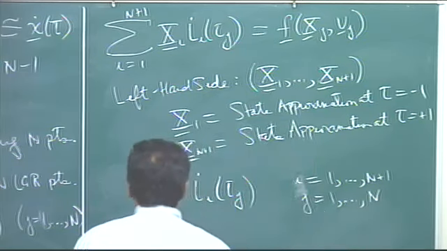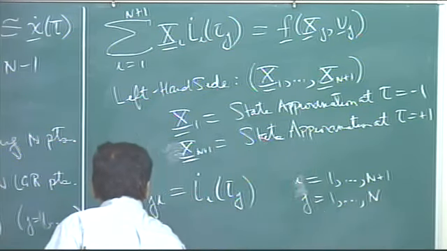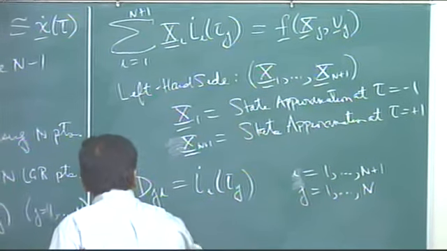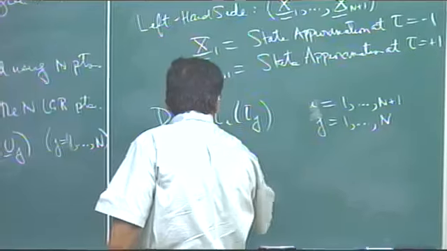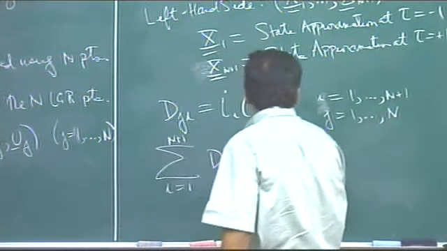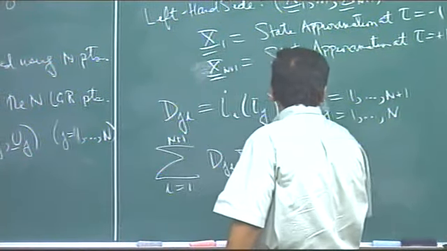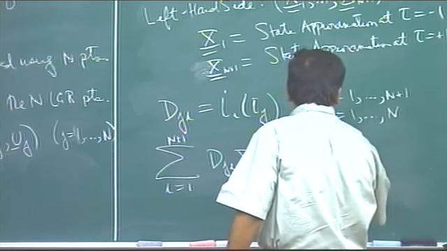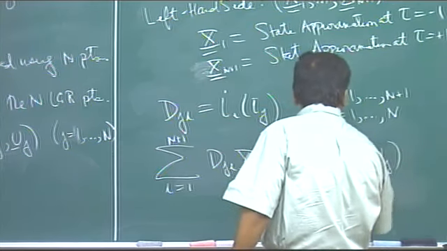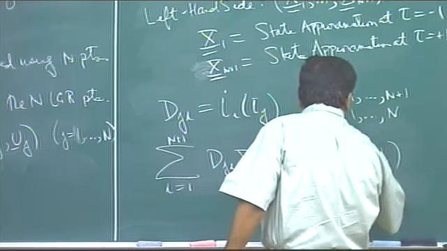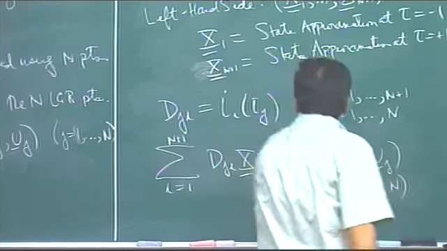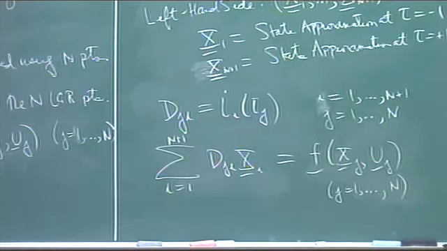So what I have here is I get the sum from i equals 1 to n plus 1 of Dji xi is equal to f of xj uj for j going from 1 up to n.